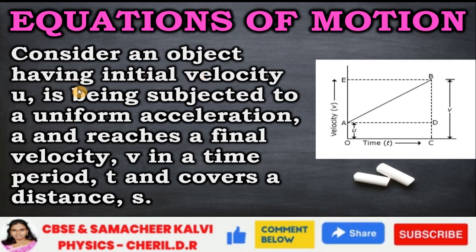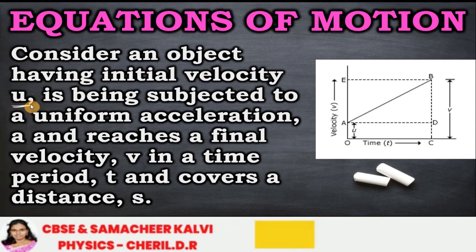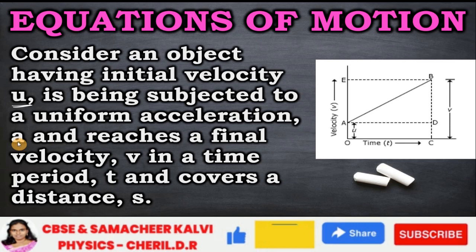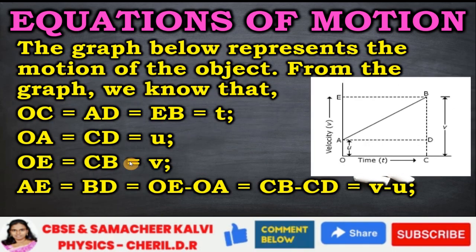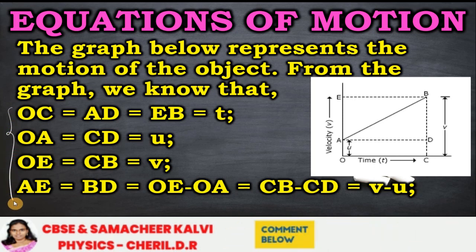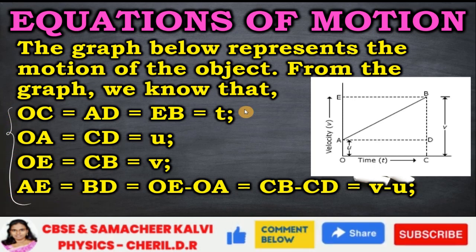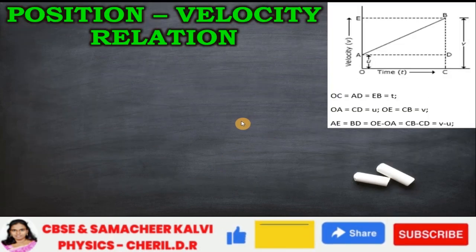Considering an object having an initial velocity u, which is subjected to a uniform acceleration a, and it reaches a final velocity v in a given time t, and during this motion it covers a distance s. Is it clear? From that we are able to draw the graph and do the namings. This should be done very carefully to avoid unnecessary mistakes. Now we will start with the derivation.